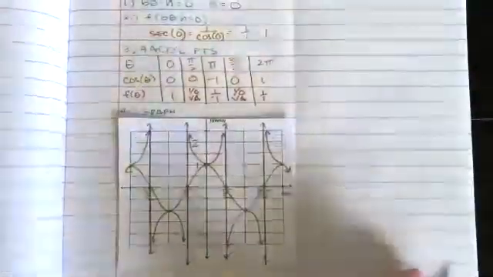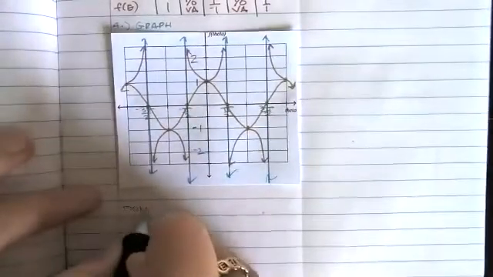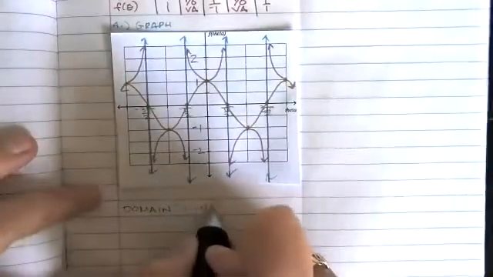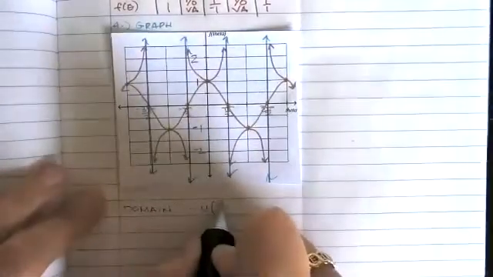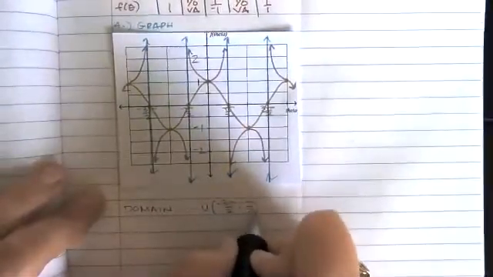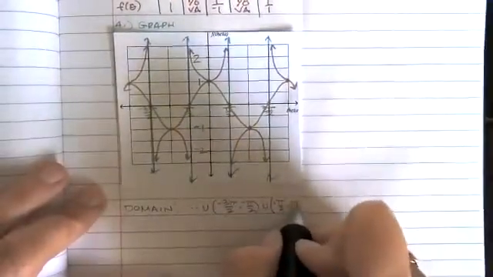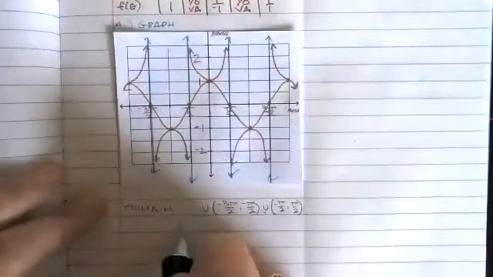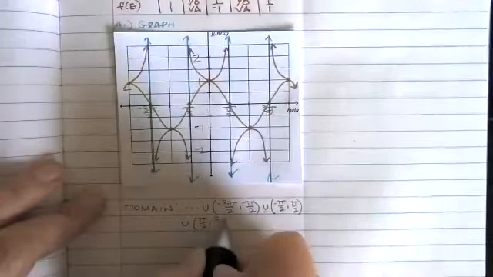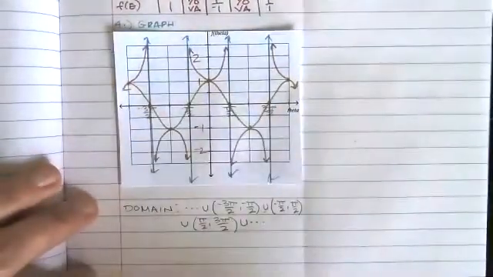Okay, so the domain goes dot, dot, dot, the union, we've got negative 3 pi over 2 to negative pi over 2, and negative pi over 2 to positive pi over 2, and that goes pi over 2 to 3 pi over 2. And then that continues outward.